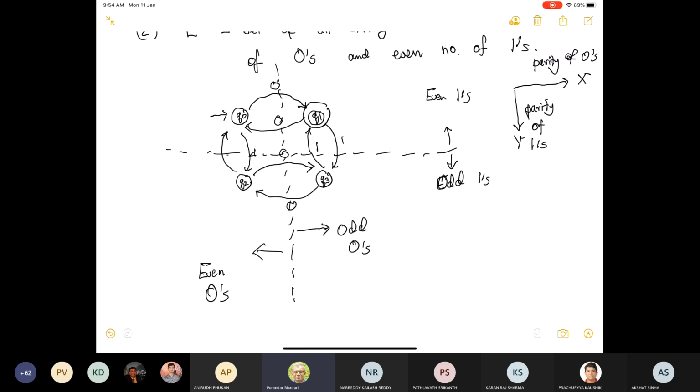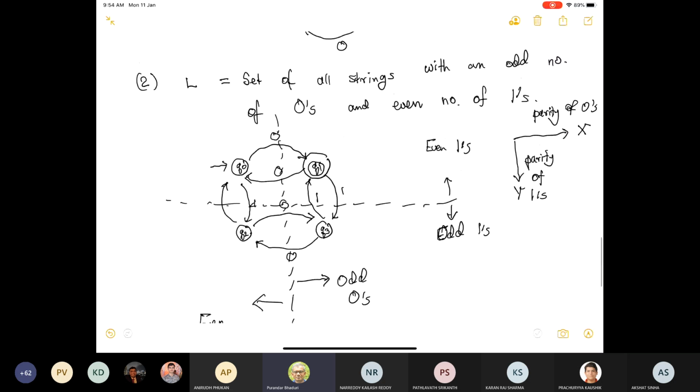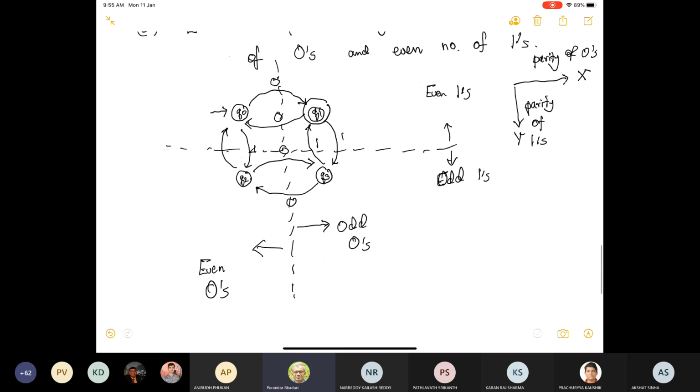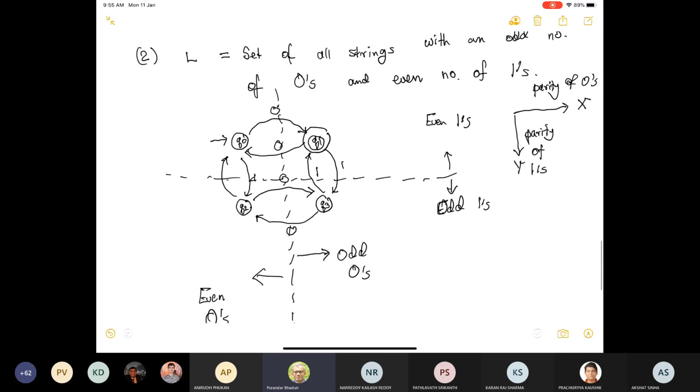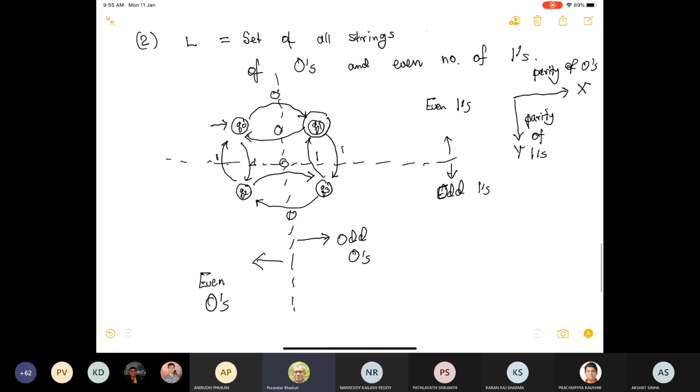And again, this is an intuitive reasoning, but you can actually prove this using induction, and we'll skip that proof. So any doubts about this example? I forgot a label here, did I? So these are ones. Any doubts about this?